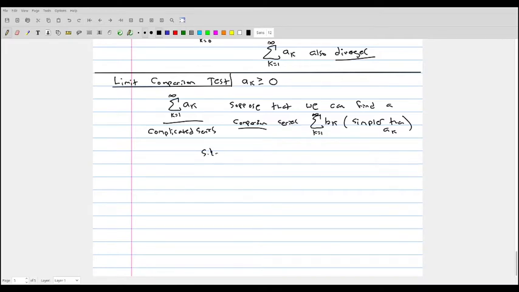Such that the limit as k goes to infinity of the ratio of ak over bk is equal to L. Notice that this is exactly the same limit in some sense as the limit we got when we did the limit comparison test for improper integrals. And now this is for series.